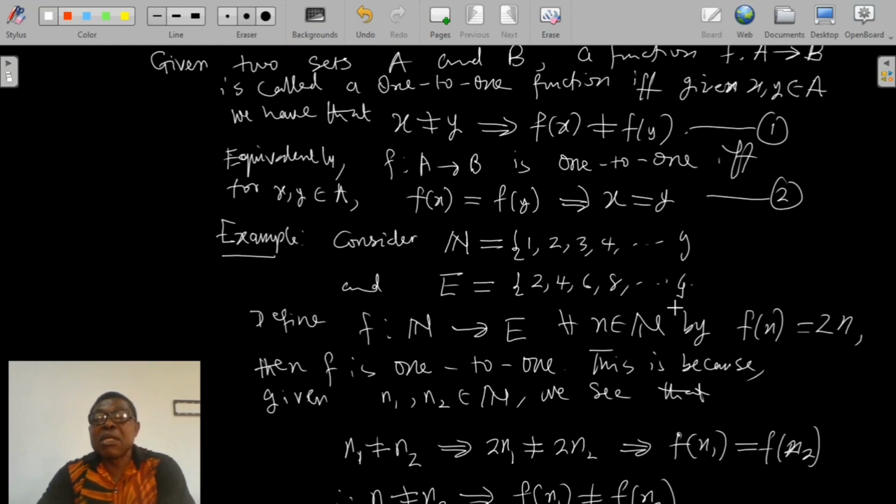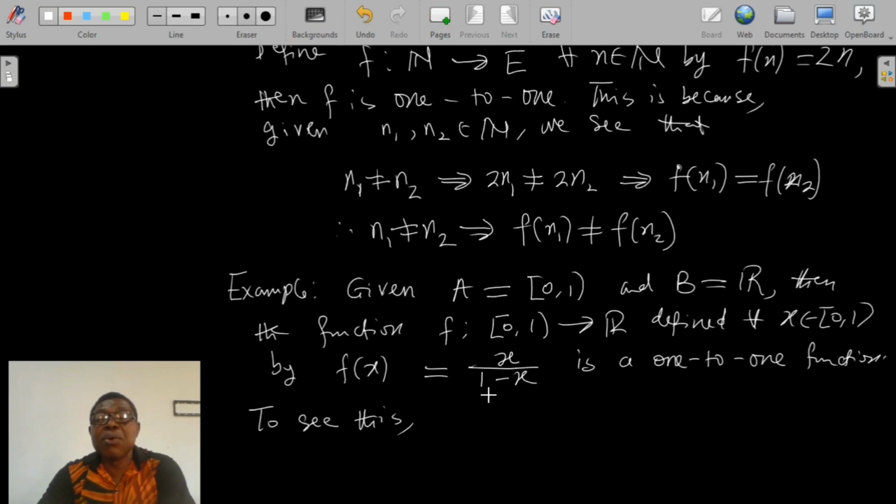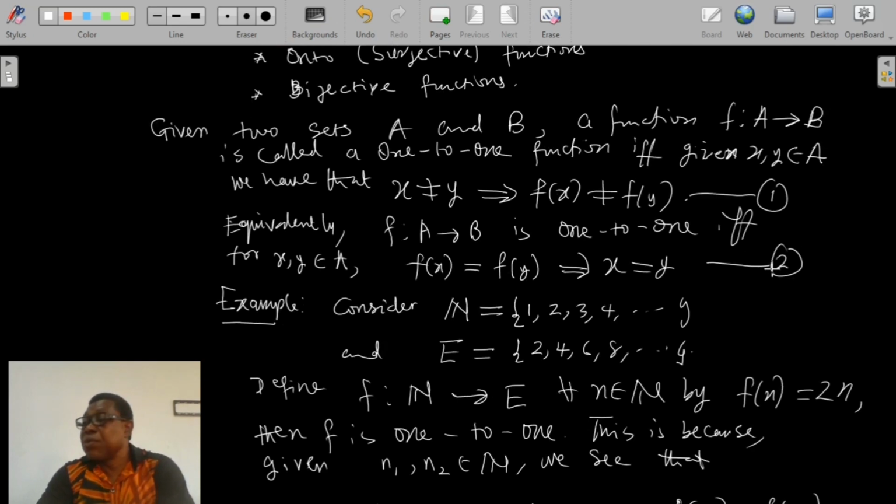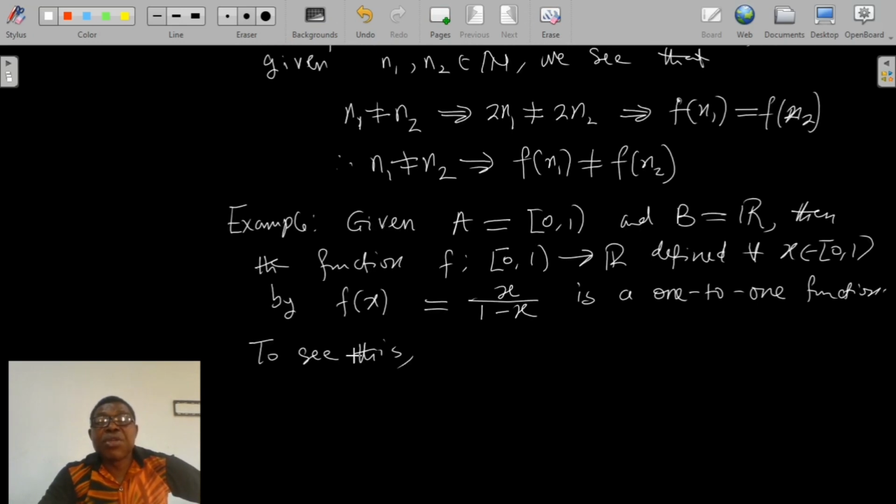In the second example, I would like to make use of 2, the contrapositive statement of 2, to check that the function f given by f of x equals x over 1 minus x from 0, 1 to R is 1-to-1.